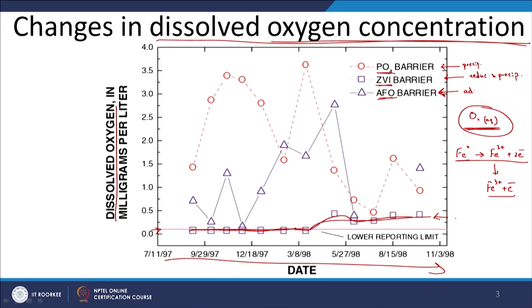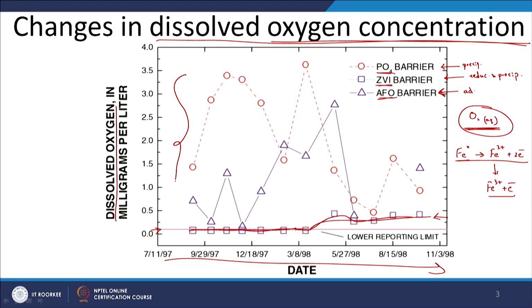So you are going to have lesser available surface area or active sites, and thus the retention time might decrease, and the kinetics will be relatively slower. So that could be one of the reasons for this increase in oxygen concentration, among other aspects.